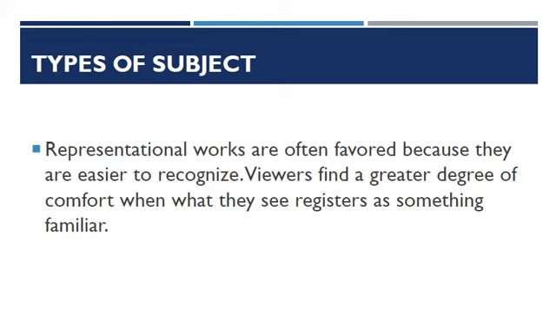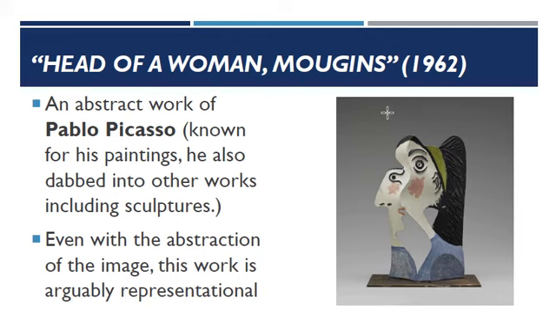Diba pag sinabi natin representational, it represents something that is existing sa totoong buhay. So, ito, itong Head of a Woman, kung makita nyo, because of its features, na-recognize natin na ang tinutukoy dito ay babae, no? So, naka-ponytail, may blush on, and then, tao naman, sabi ko, meron siyang mata, ilong, bibig, and so on, no?